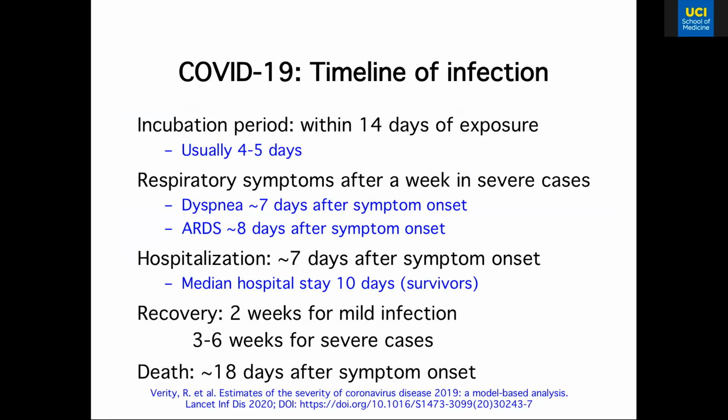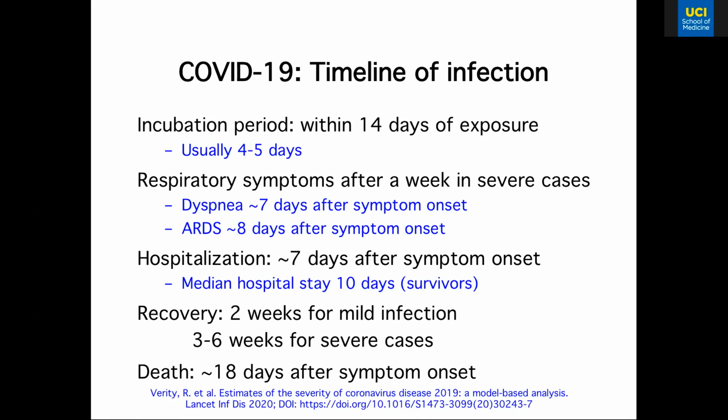Now, to give you a sense of the timeline of infection, the incubation period, the time between exposure and developing symptoms, is usually 4 to 5 days, although it can be as much as 2 weeks. And the interesting presentation is that patients really get worse after the first week, if they're going to get worse.